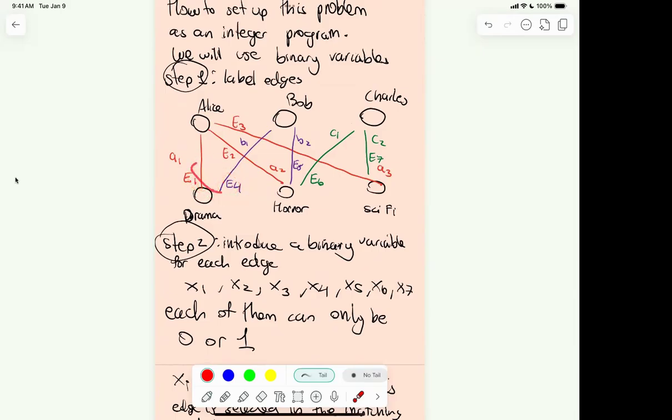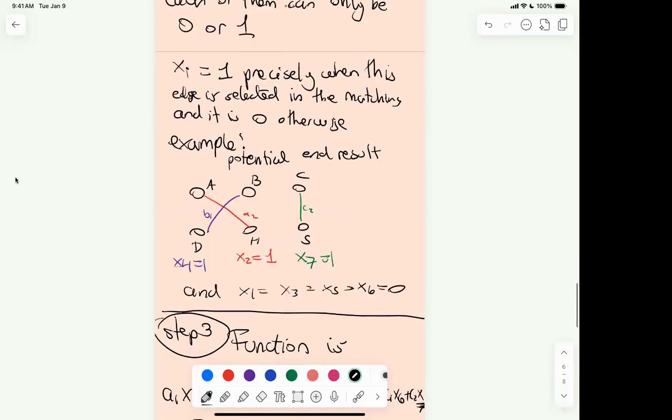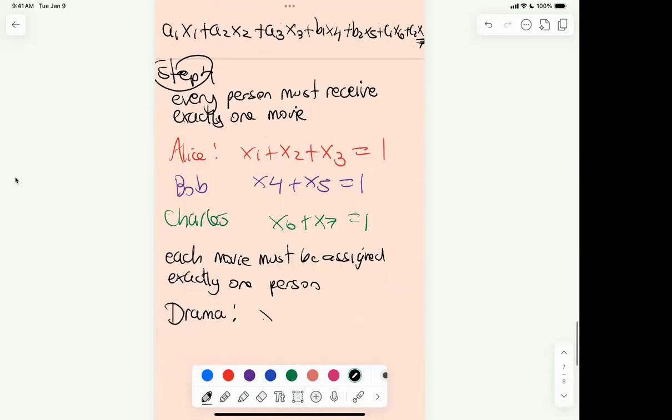One of these two has to be activated for drama, so x1 plus x4 has to be equal to 1. That guarantees that of the two edges that interact with drama, only one got turned on. Is that making sense? And then you go with the others just like that.